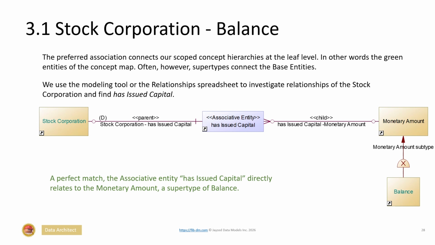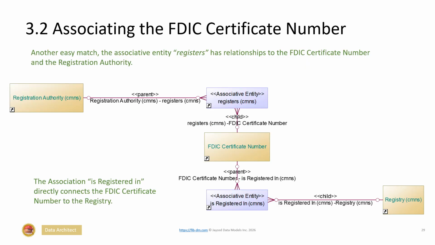So we've used the data modeling tool to find the relations, and we investigated the stock corporation, and we found has issued capital. And we see here that connects stock corporation to monetary amount, and with it its subtype, the balance. So that's a perfect match. Associating the FDIC certificate number is another easy match.